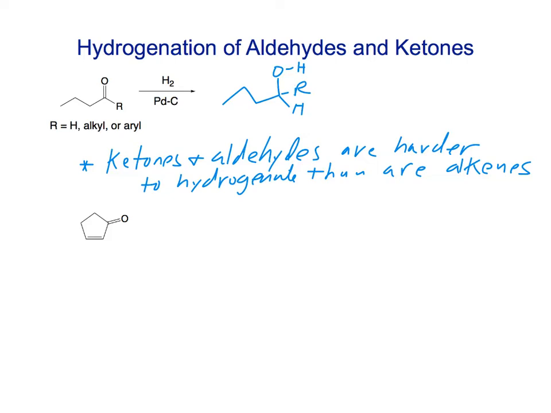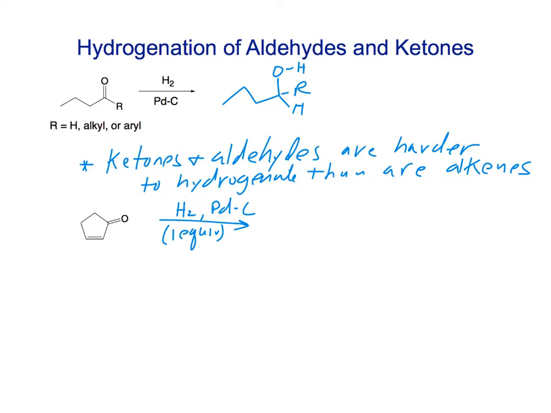So for example, if we start with a molecule like that down at the bottom, we could hydrogenate this. And if we only use one equivalent of hydrogen, then we can hydrogenate the alkene and not the ketone.